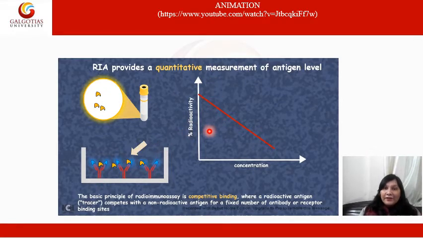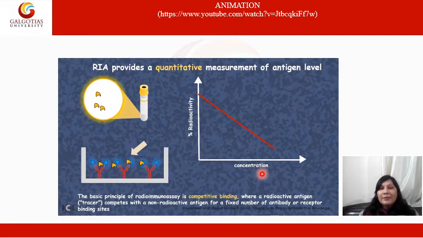Right, now we will make a graph between the percentage radioactivity and the concentration of unlabeled antigen. We actually do this process to get a standard graph. Now what will we do?